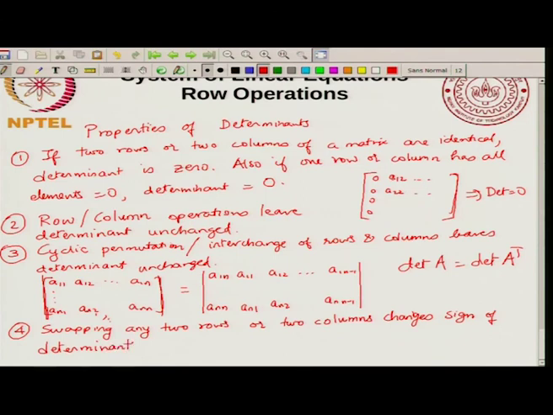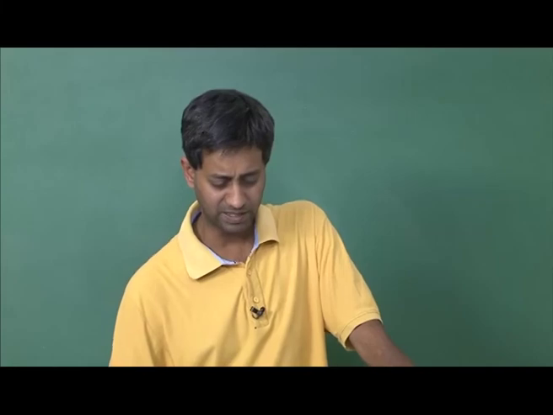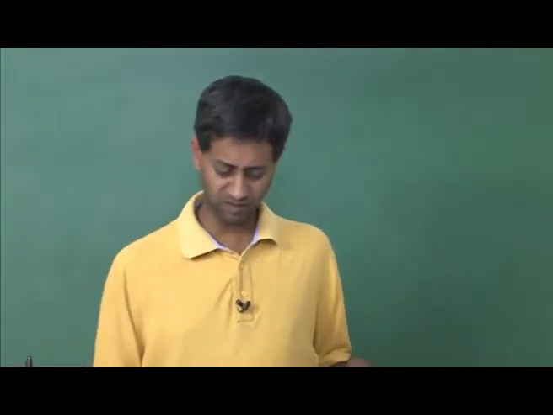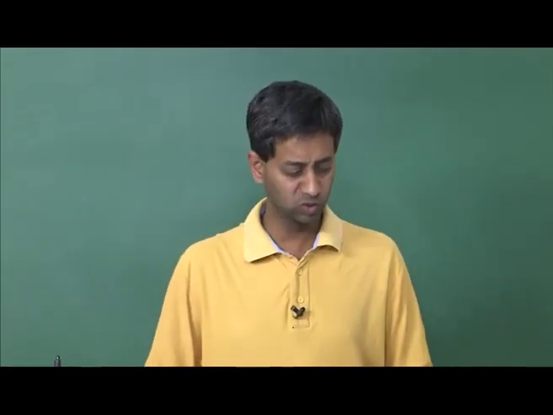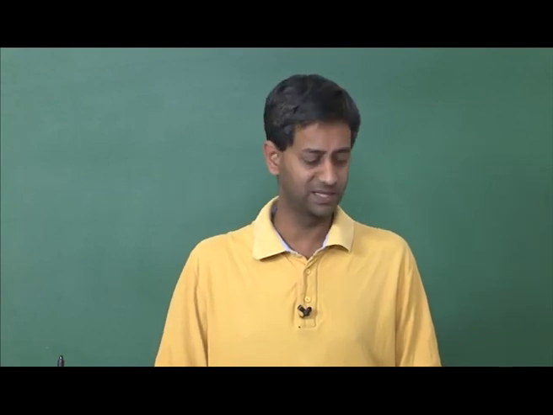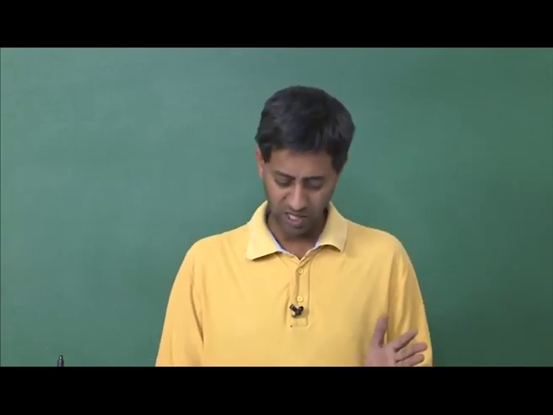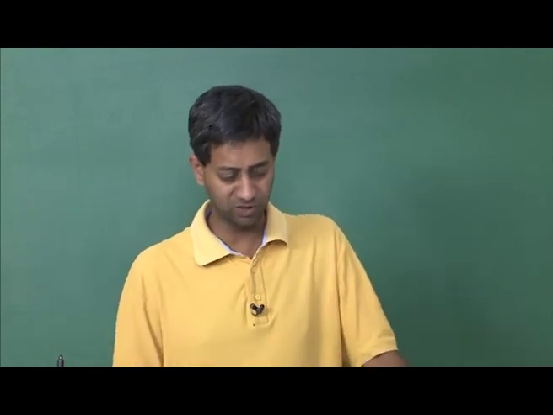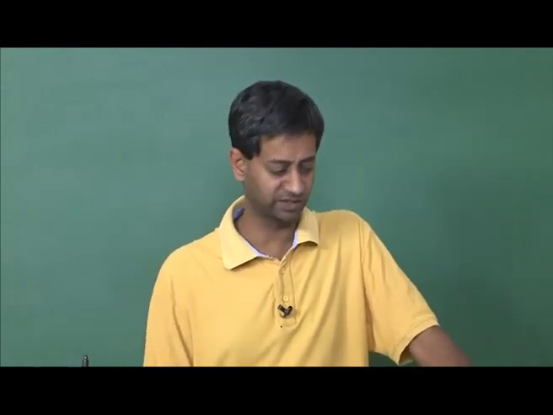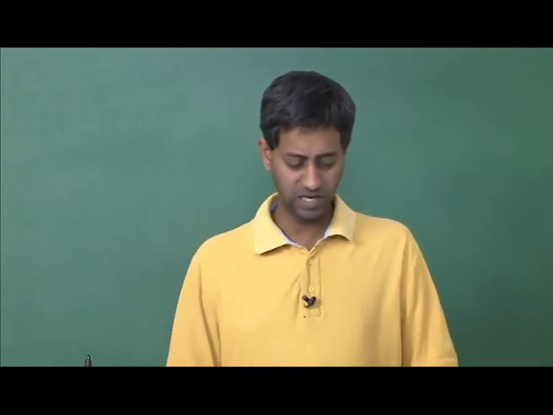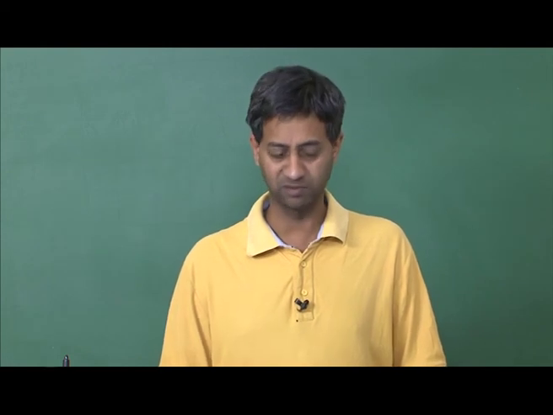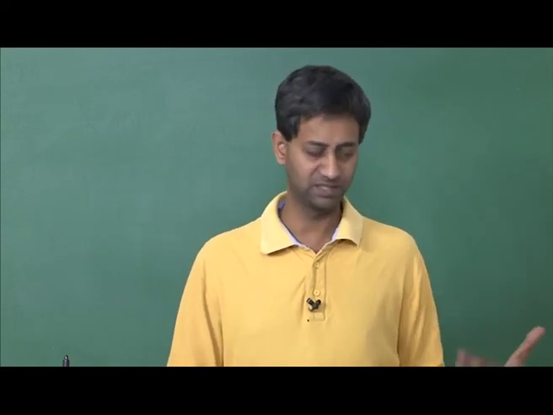Okay, so these are some of the properties of matrices and determinants. And you can use these to solve equations very quickly. Okay, so whenever convenient, you swap rows or columns, or you add rows and columns, or you take linear combinations so that your calculations become easy. Okay, so in the next class I will try to do some practice problems. I will do some practice problems on these topics.